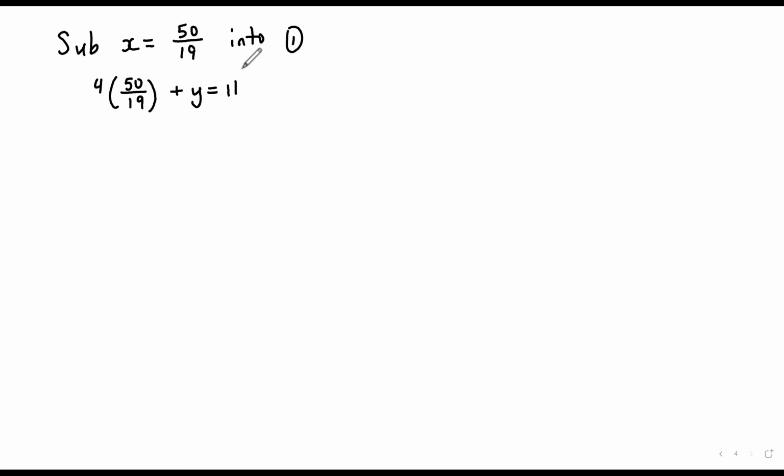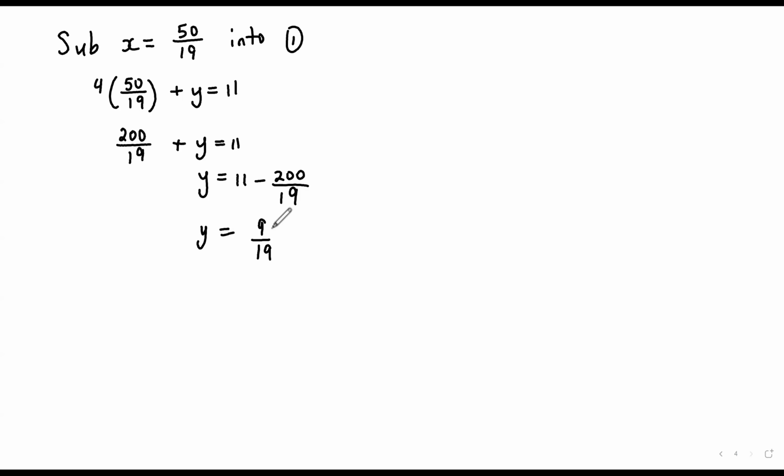That would be 200 over 19, because 4 times 50 is 200. Plus y is equal to 11. So then y is equal to 11 take away that. Yeah, so guys, you're not going to get something like this for CSEC with these weird numbers. Most times, CSEC gives you nice whole numbers to work with. Right, so 11 take away 200 over 19 is 9 over 19.